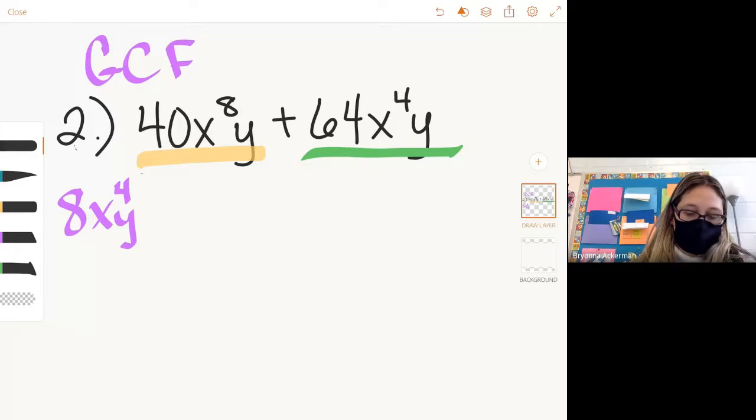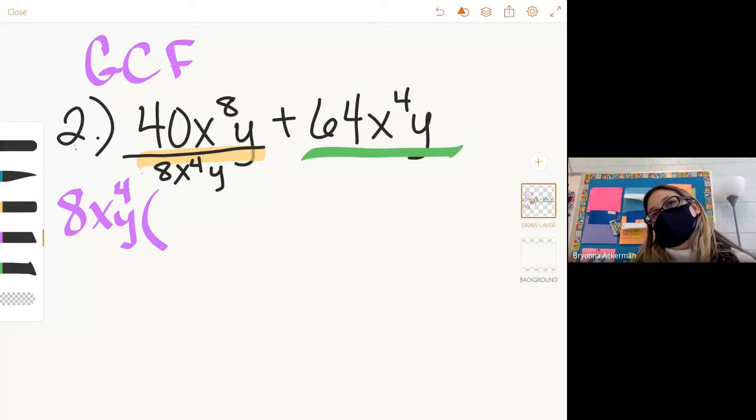Now we're going to divide it. We're going to divide this first one by 8, x to the 4th, and y. And if you remember, anytime I divide exponents, I subtract. So we're first going to go, okay, what's 40 divided by 8?